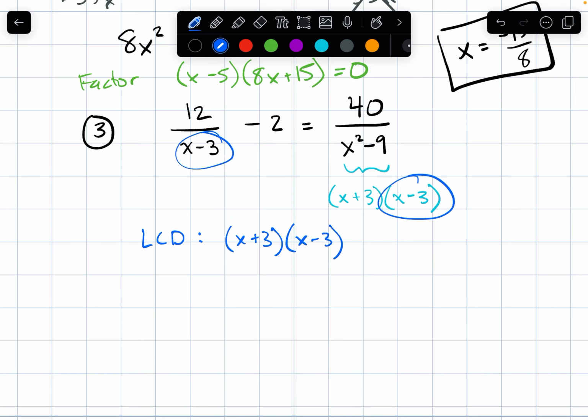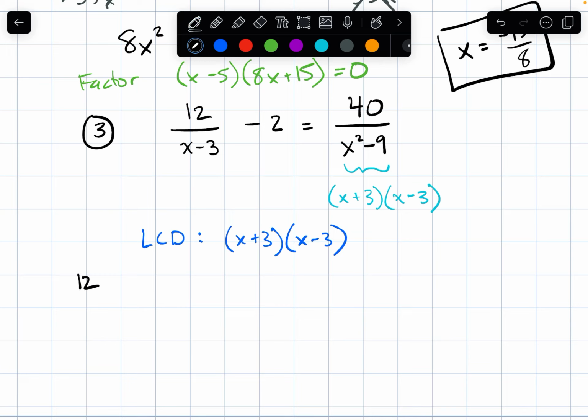And I know I'm going to have an x minus 3 because there's an x minus 3 here and here, right? So because I have an x minus 3, this actually takes care of both of these denominators. But again, you really want to make sure you're factoring that denominator first to see if you can get any common factors there. Now this is a negative 2 over 1, so we have to include a 1, but we know that 1 times anything is just itself, so that's not necessary.